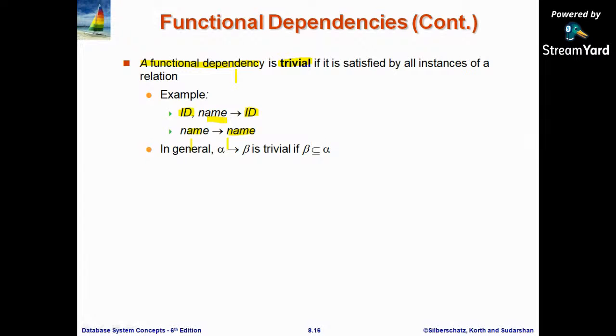And if you get ID on both sides, it is a trivial functional dependency. You can also see this: if one field is common between the right hand side and left hand side, then it is a trivial functional dependency. So if beta is a subset of alpha, then it is a trivial functional dependency.